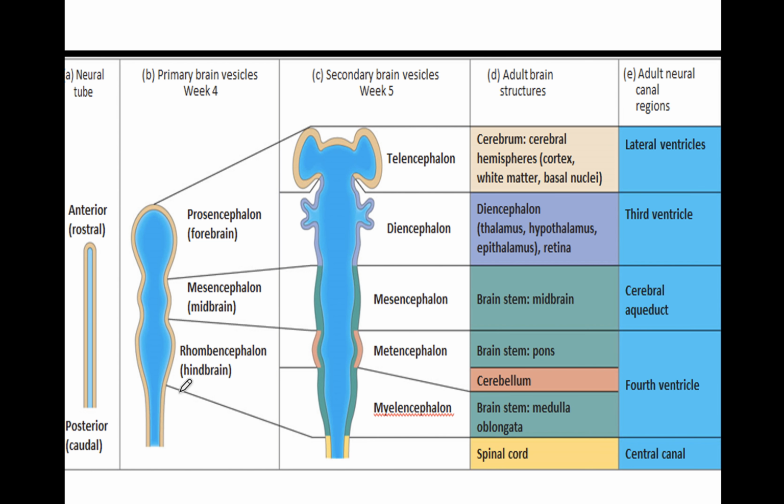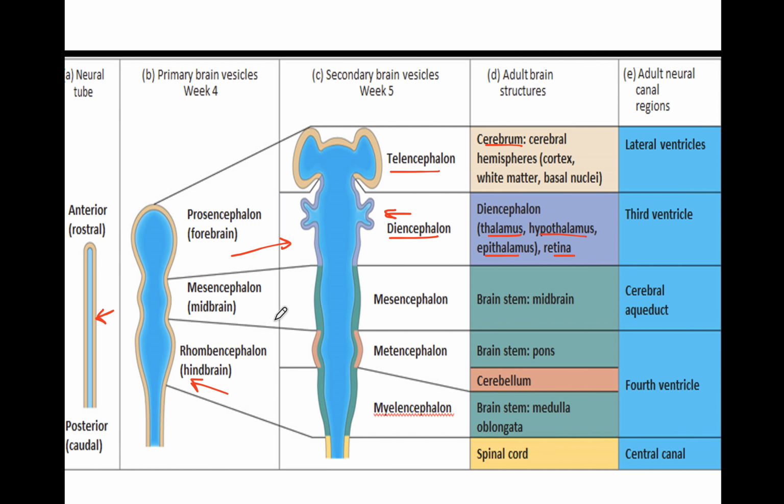So we can see here that this is the area of the spinal cord, and this is the area where we have the 3 vesicle stage: prosencephalon, mesencephalon, rhomboencephalon. Then we have the 5 vesicle stage. We can see here the telencephalon, which is our future cerebrum. This is the diencephalon, which is the future area of the thalamus, hypothalamus, epithalamus, and retina.